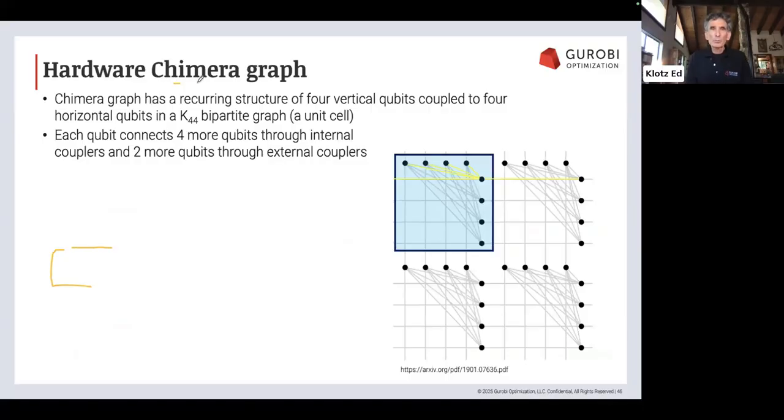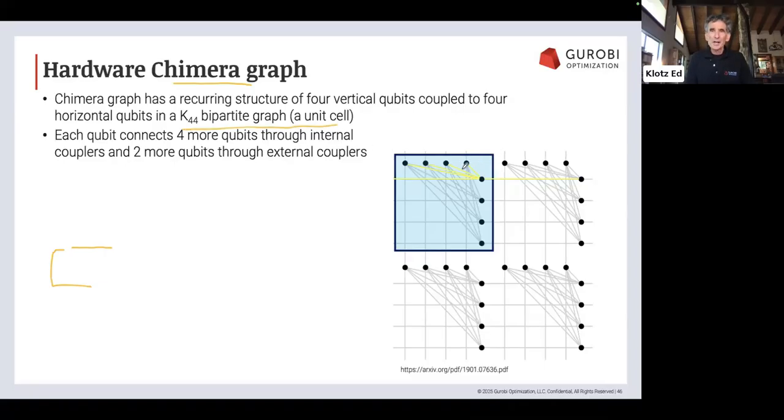We'll start with one of the simpler graphs, which has since been replaced with more sophisticated graphs on the more advanced machines. But this one's the easiest to picture. So the Chimera graph basically has collections of 4x4 bipartite graphs that comprise this notion of a unit cell.